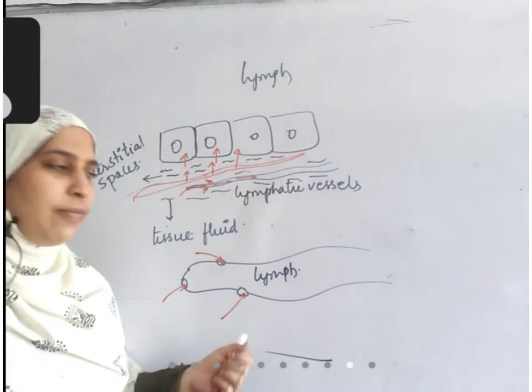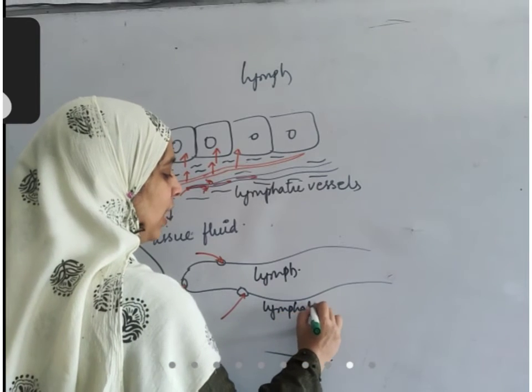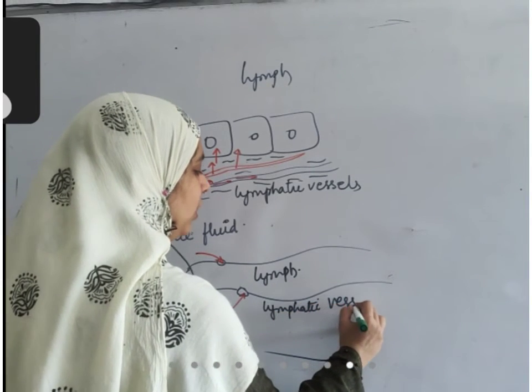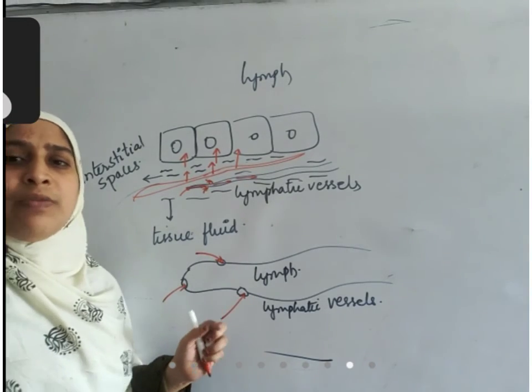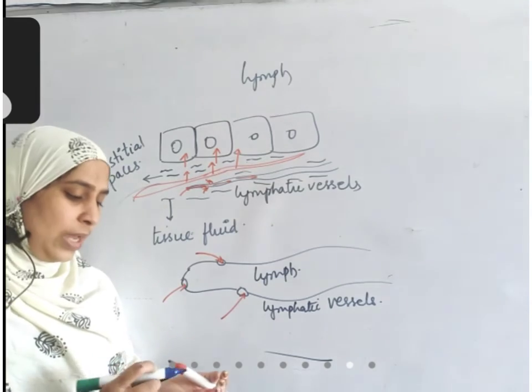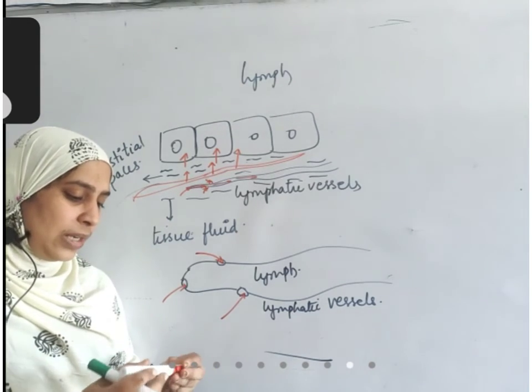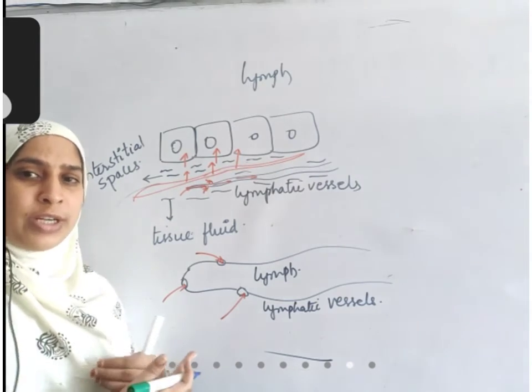Once it enters the lymphatic vessel, it is called lymph. Lymph is a fluid that is collected back from the tissues, the leftover fluid from the absorption of nutrients.